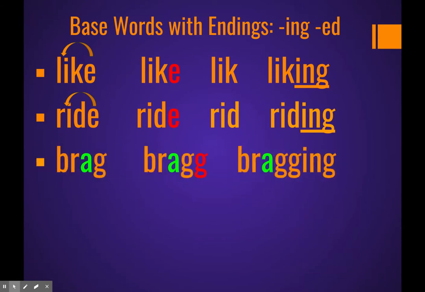Now, when you're adding the ing and you have a short vowel and a consonant, you're going to double the consonant and add the ing. You really, really need to learn these rules because you do not look like you know what you're doing if you go rideing.